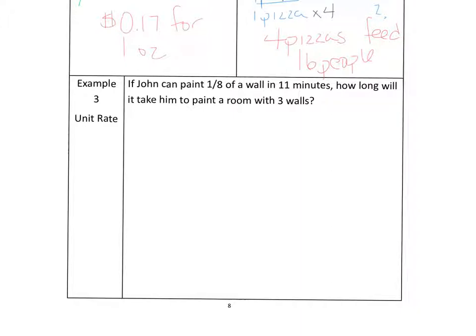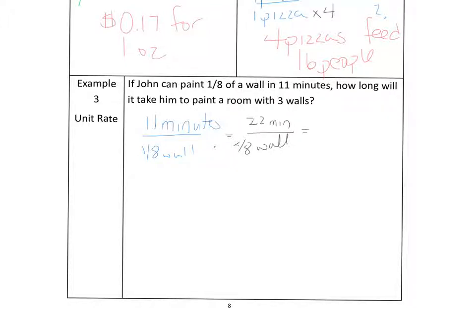Let's think for a minute. If he can do 1/8 of a wall in 11 minutes, notice the units. You can go about this 2 ways. If he were to double it, meaning multiply by 2, or add another 1/8, that would be like saying you could do 2/8 of a wall in 22 minutes.